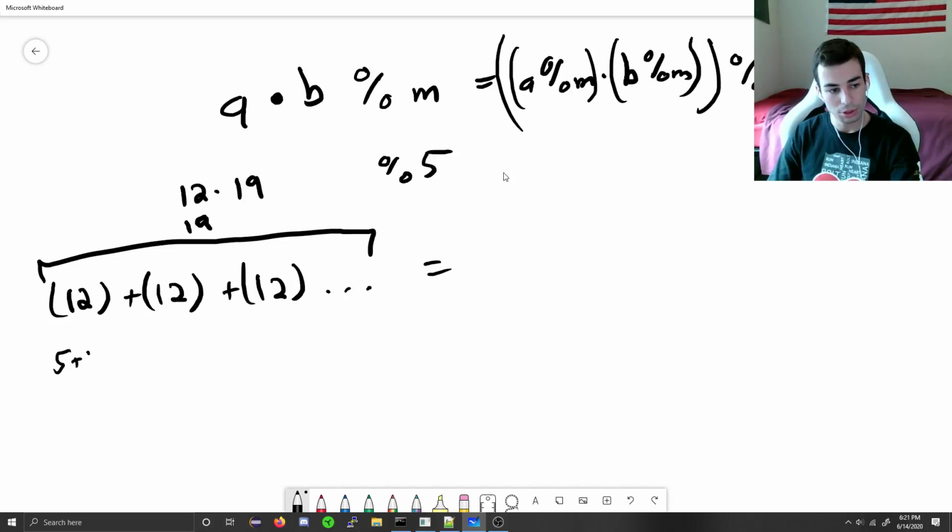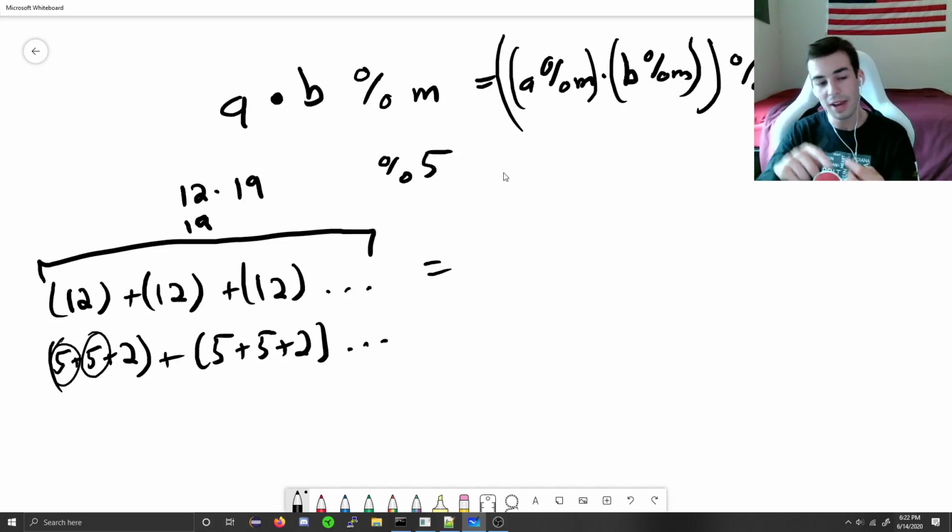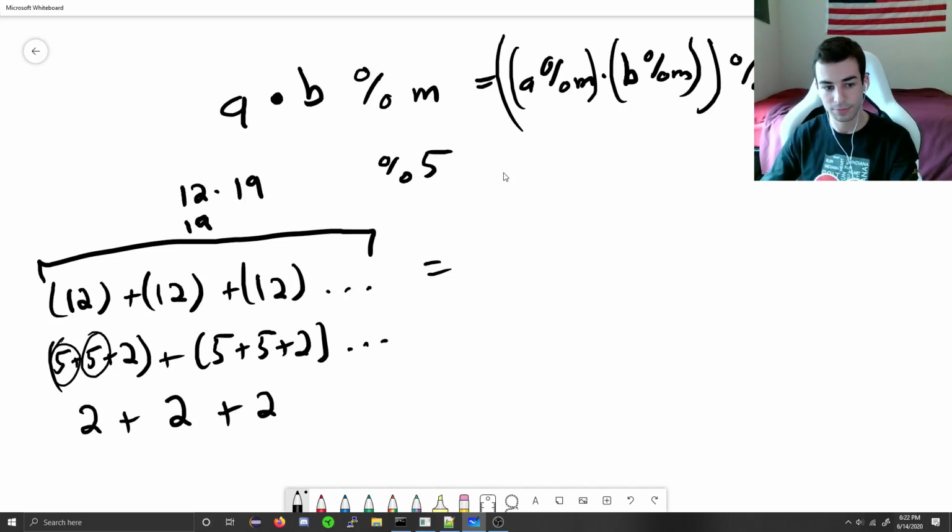So let's do that really quick. And it should be pretty clear that if we do this, all of these 5s aren't really relevant, because a 5 is just going around the circle by itself. So this is the same thing as just adding a bunch of 2s. So that tells us that there will be 19 of them total. So in other words, 12 times 19 is the same as 2 times 19 if we're working mod 5.